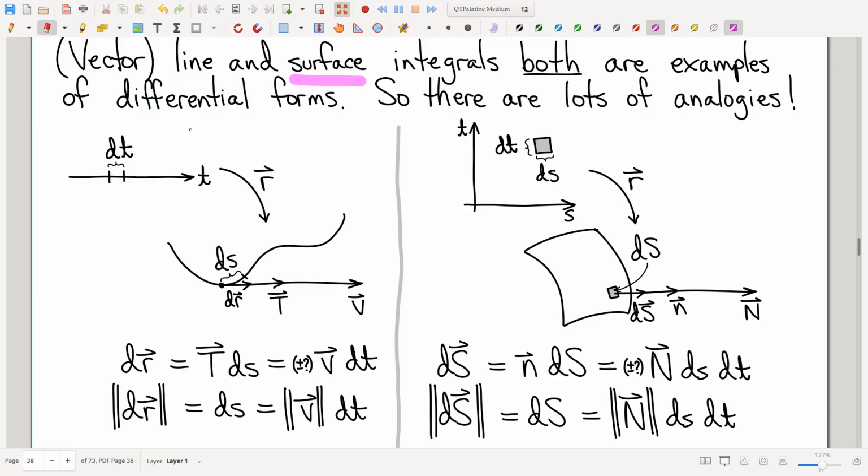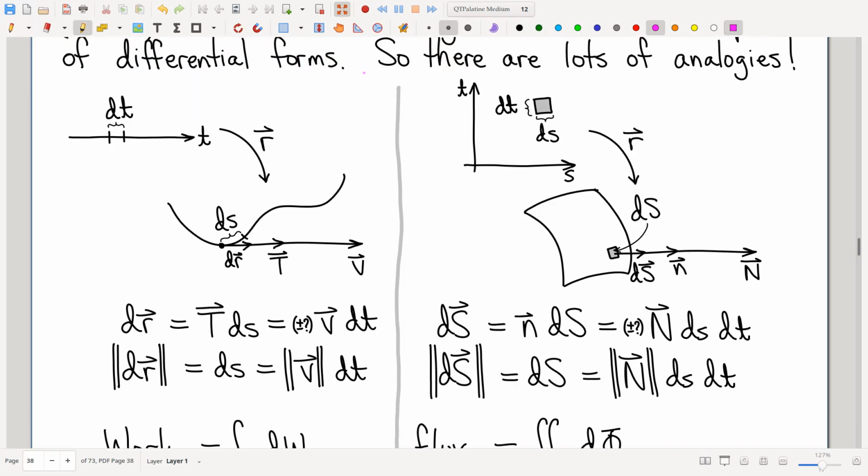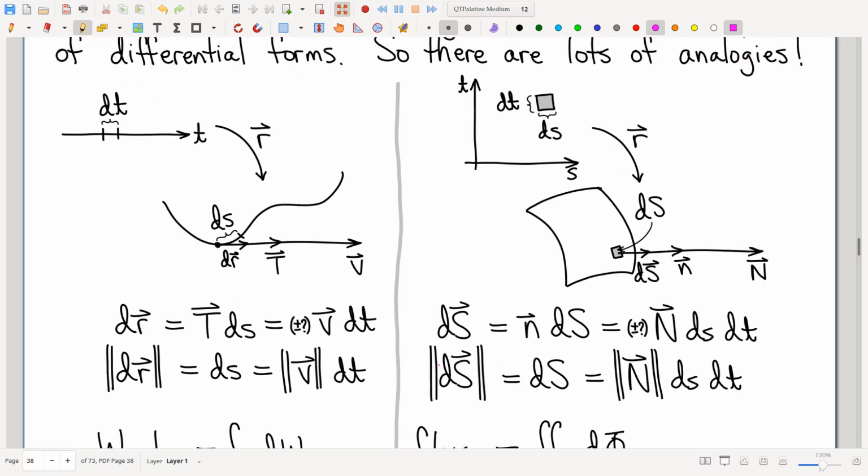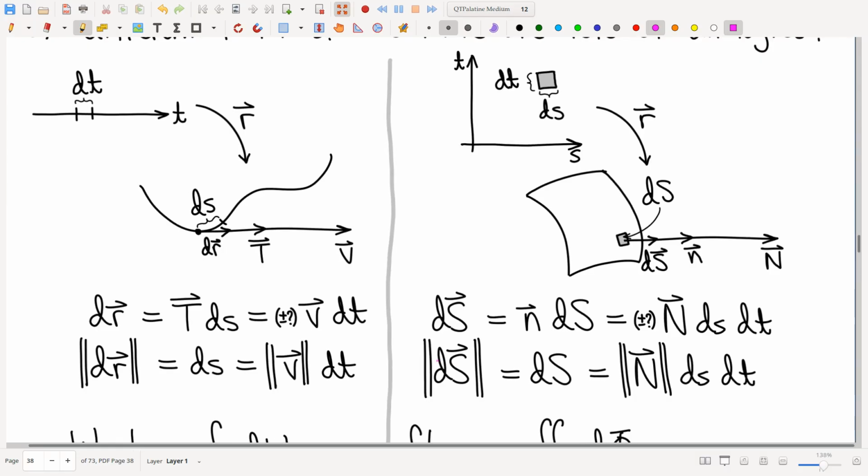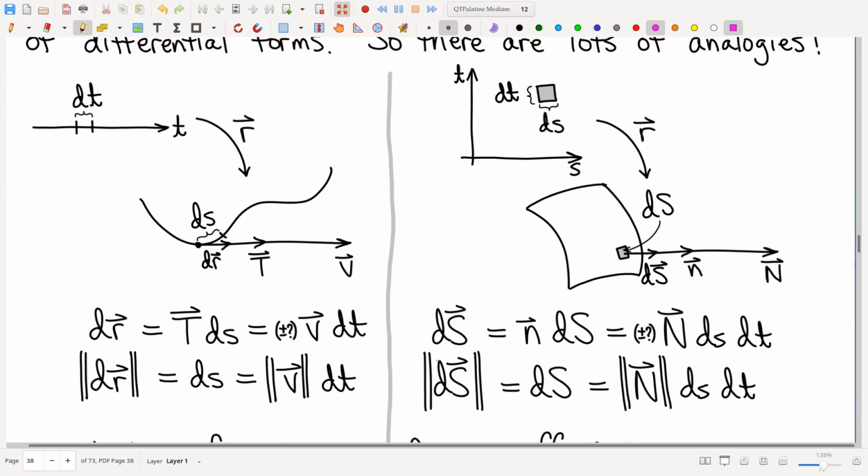So how are we going to see that? Of course, we're not going to do differential forms in this class. The way we're going to see it is just by observing directly some of these analogies. For example, we parameterize a curve, we parameterize a surface. We take the appropriate derivative to get the velocity vector; we take a couple of partial derivatives and then a cross product to get the capital N vector.